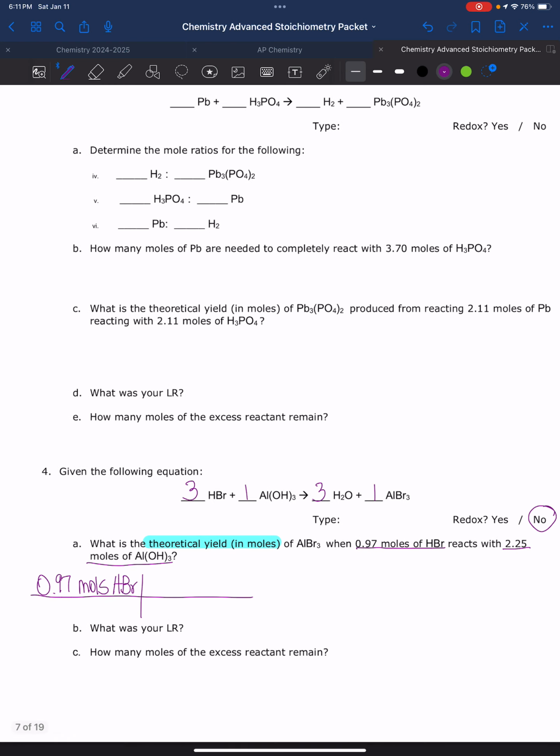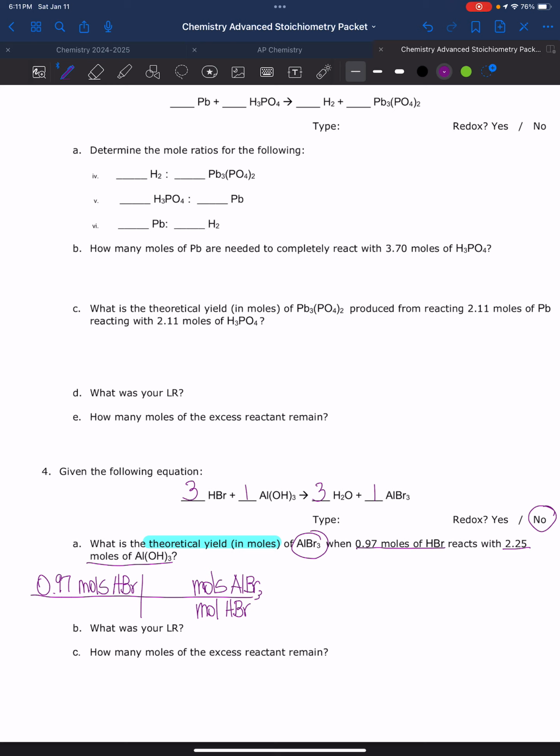And obviously I know that if I have moles of HBr up in the top corner, moles of HBr has to come diagonally down. And I'm looking for moles of aluminum bromide. So moles of aluminum bromide goes in the top.